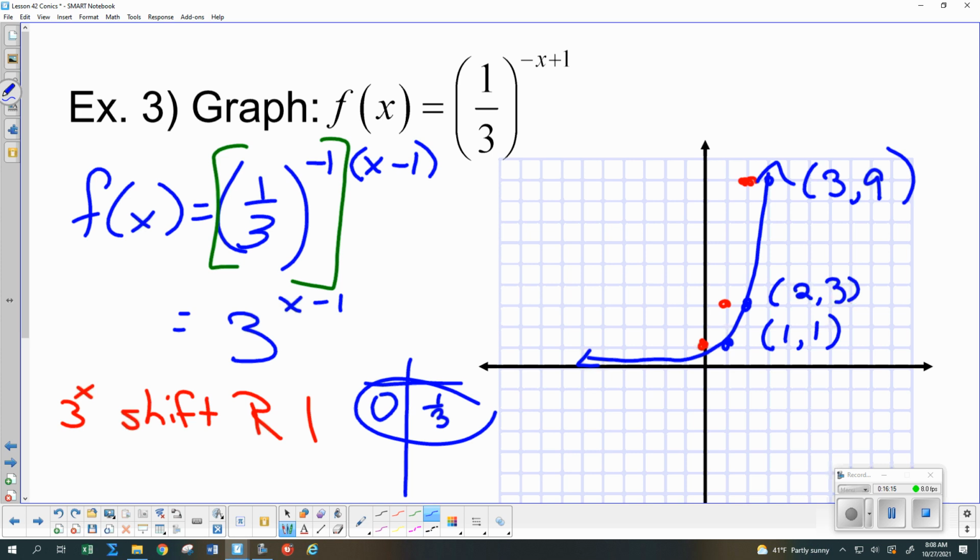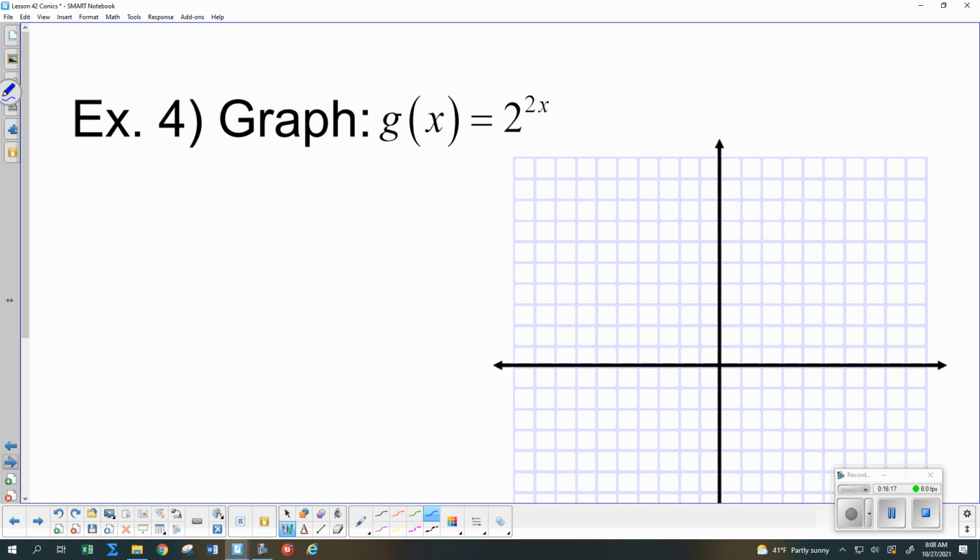Last one, still similar, but one slight little difference. I want my exponent to start with x. So what do I need to factor out of it? I need to factor out a 2, which on this one makes it real easy. I basically am just putting the 2 with the base of 2. So this is really just g of x is 4 to the x.